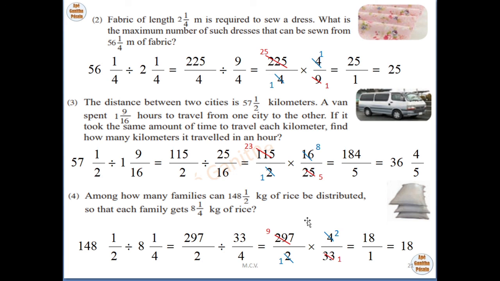Otherwise, if you can't directly divide by 33, you can check whether you can divide by 3. First divide 33 and 297 by 3. After that divide by 11. That is also correct. You will get the same answer using that method also. 9 into 2, 18. 1 into 1, 1. So 18 over 1 means 18. Answer is 18.